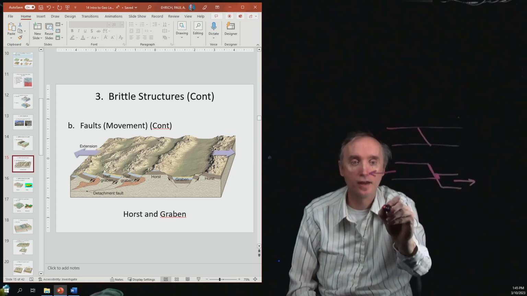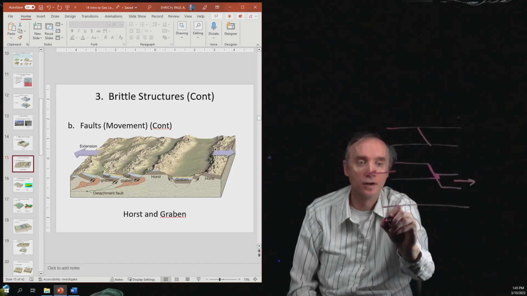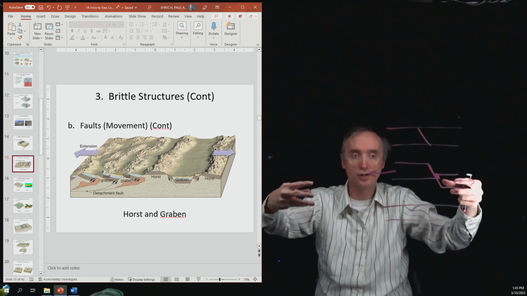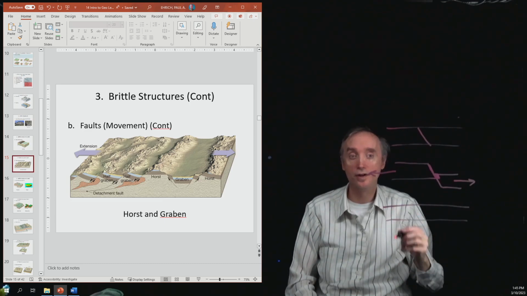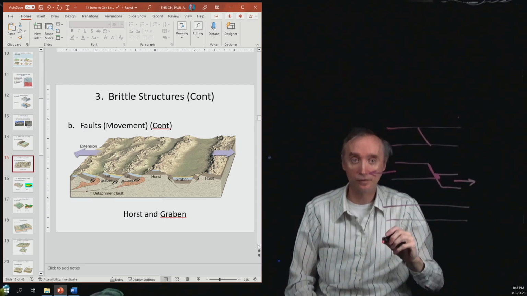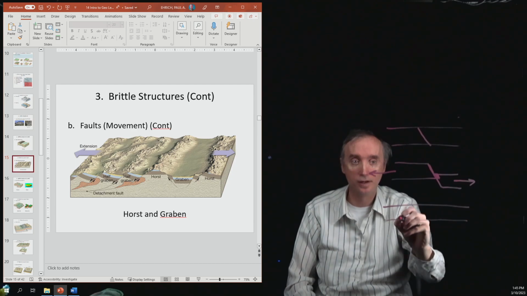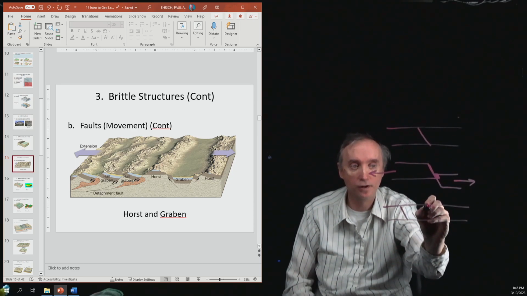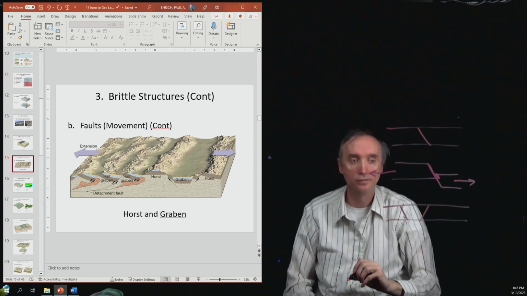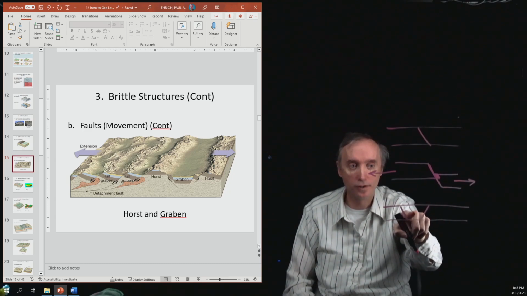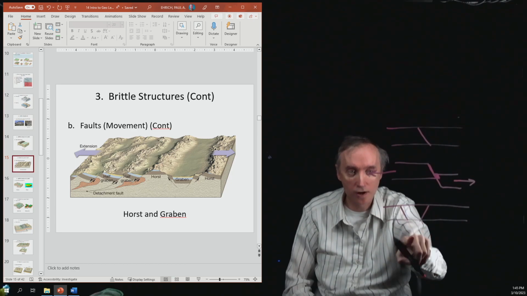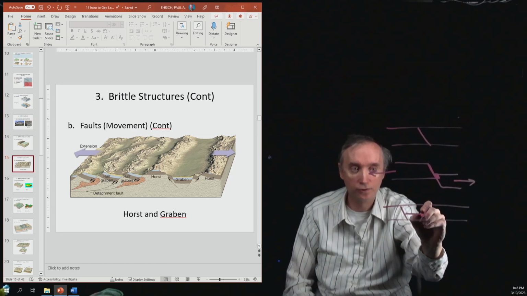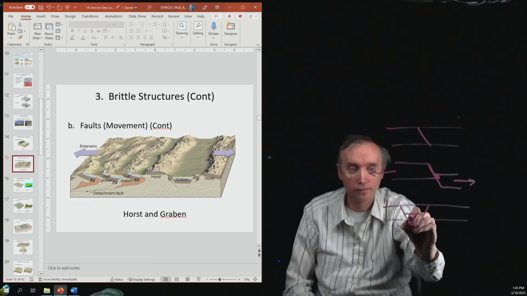So again, here is our surface, and let's say that you're stretching it so that you have a number of these kinds of faults occurring. You could have a fault over here and a fault over here, and so this one in the middle is going to drop down. It's going to slide down to right here.